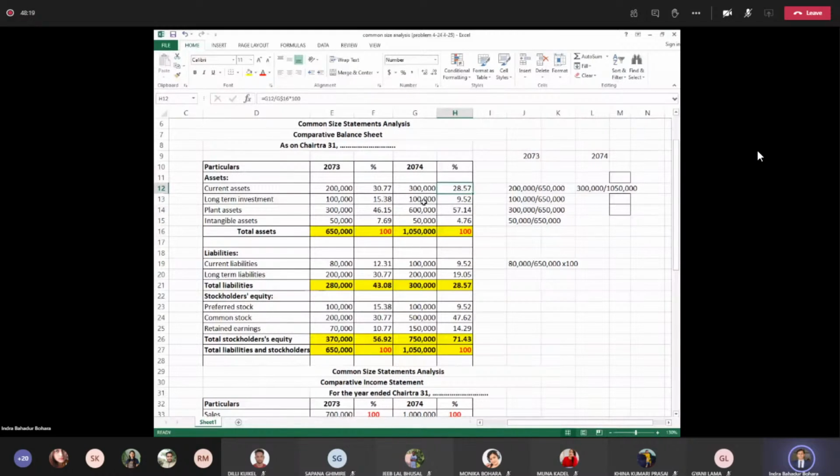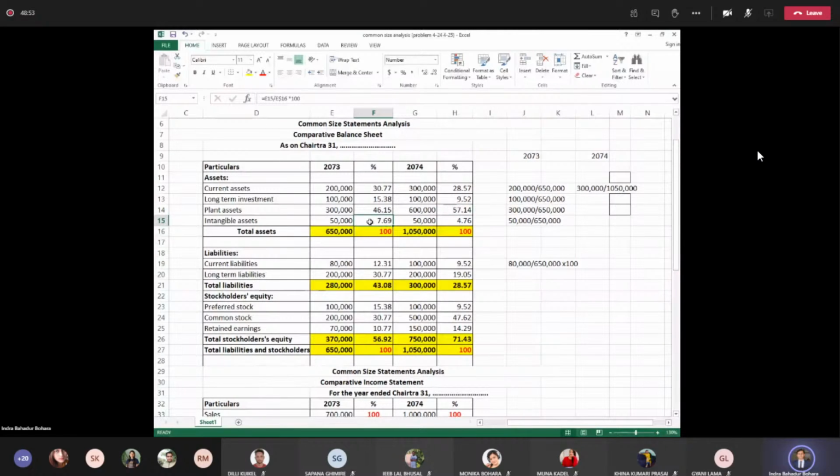So companies should increase the amount in long-term assets, especially PPE, plant, property and equipment, which you have seen increase here. Look at here, plant assets is 46 percentage in 2073 and 57 percentage. It is increased by 11%. Therefore, the company can generate more income by investing its capital in plant and equipment.